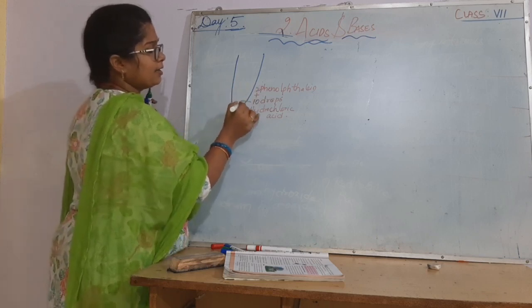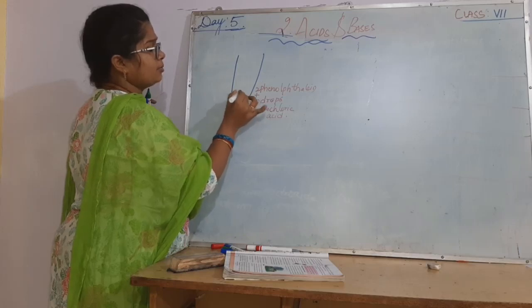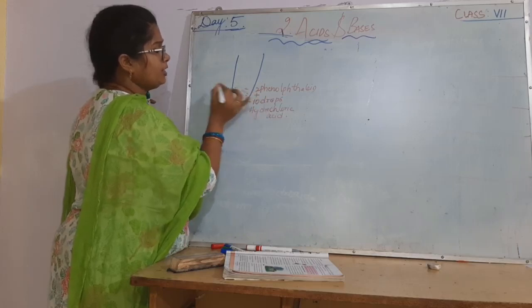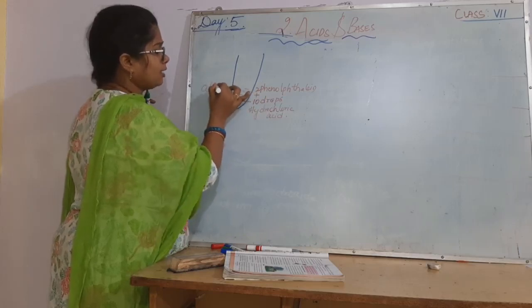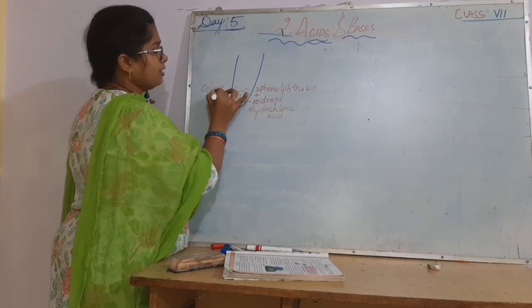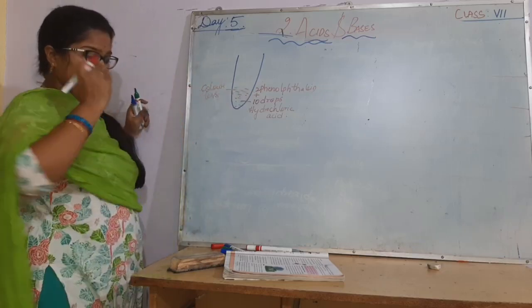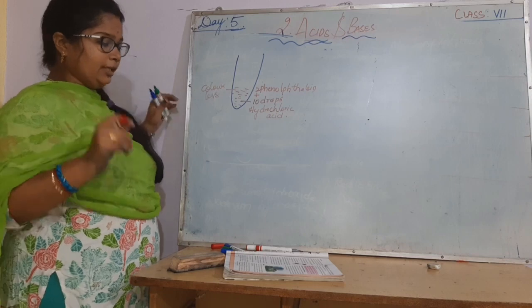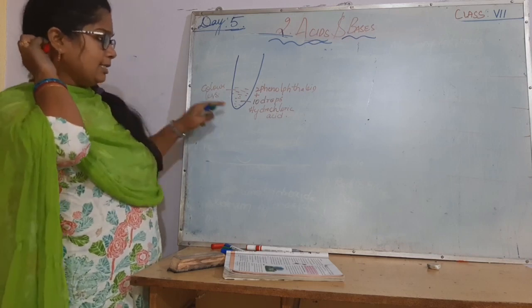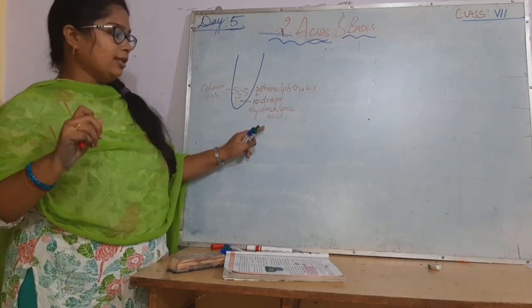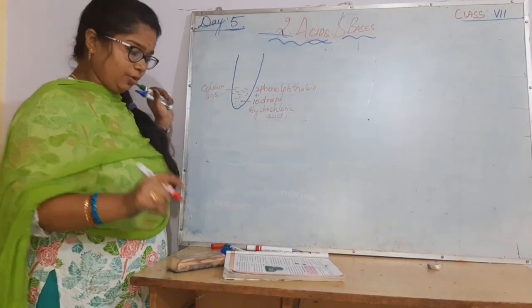Colorless. Hydrochloric acid with 2 drops of phenolphthalein solution is now what? Colorless solution. Listen very carefully. What is the color of the resulting solution? Colorless. As you know, when phenolphthalein solution is added to acid, it shows no color.